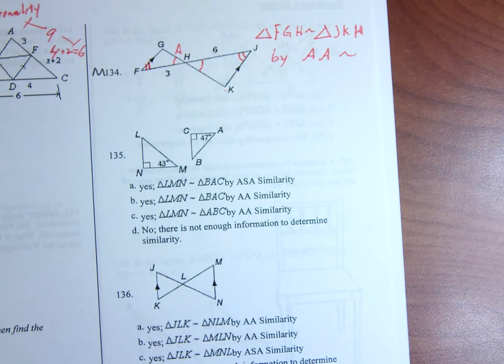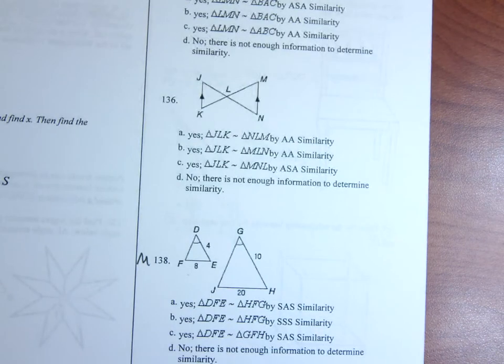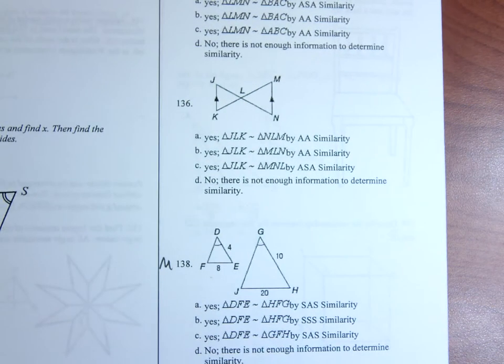Okay. I think we're ready for 138. Jump down there, please. All right, let's see if we have enough. What things do we have here? We're testing for similarity still, guys. The congruent top part.